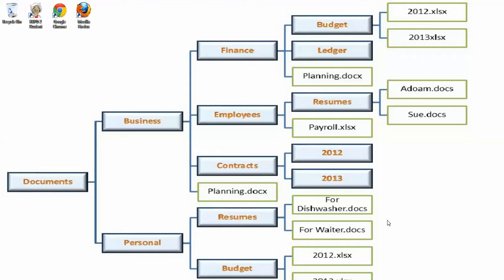Where should I find that accounting ledger file? Or another question could be, okay, I have a business contractor who calls me and asks me specifics about our contract. Where should I find that document?